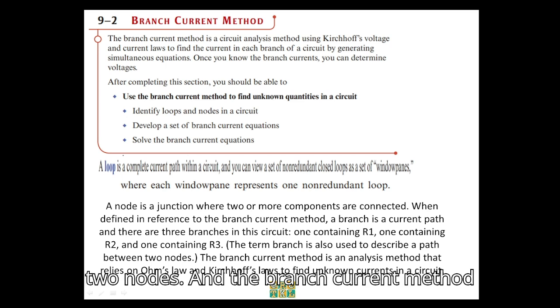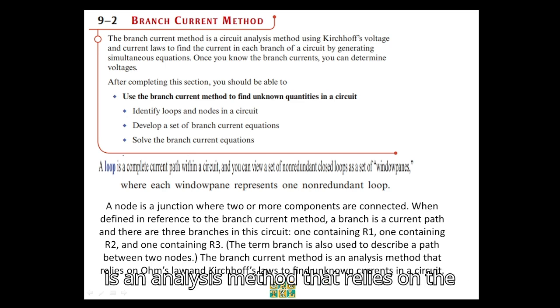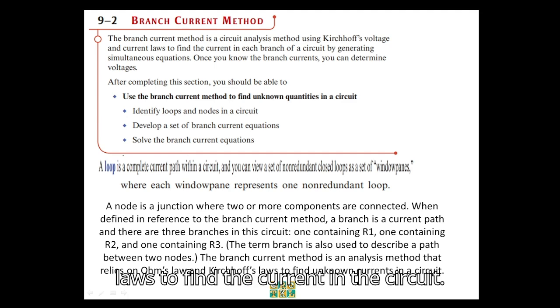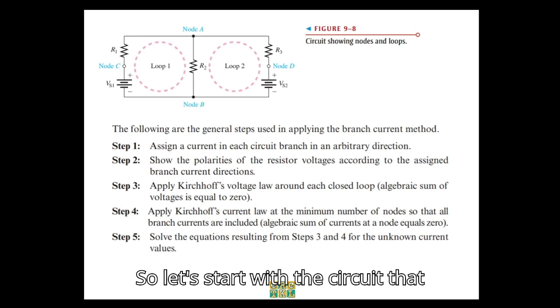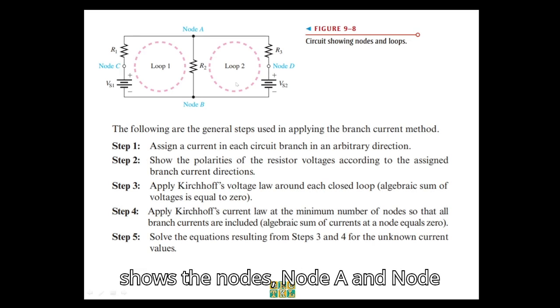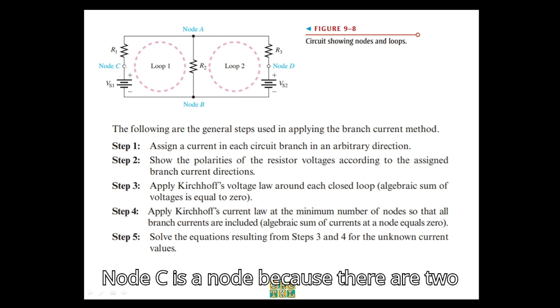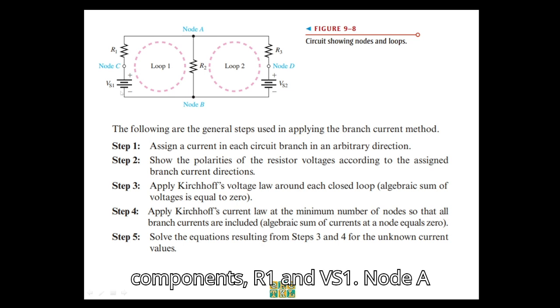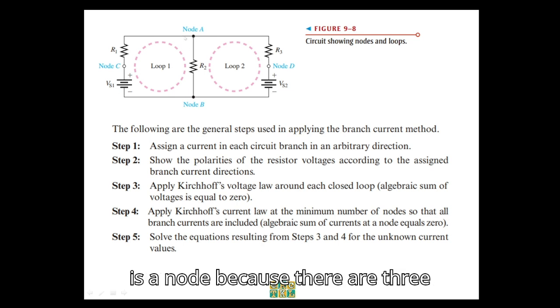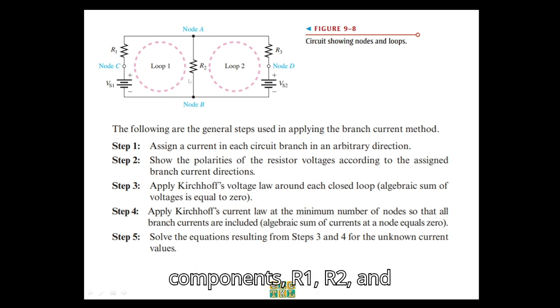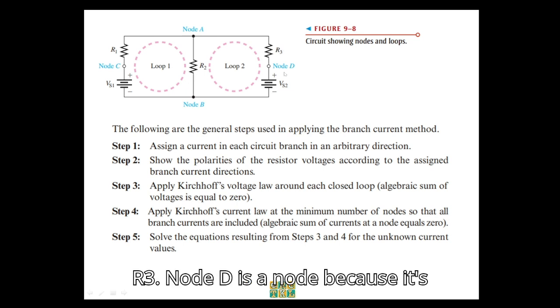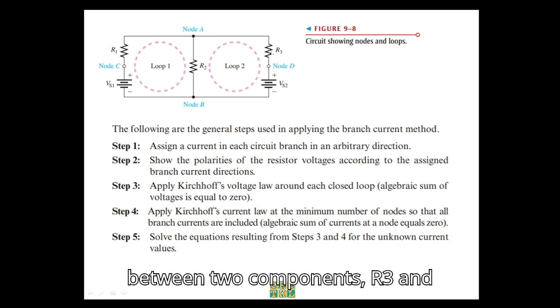The branch current method is an analysis method that relies on Ohm's law and Kirchhoff's laws to find the current in the circuit. So let's start with this circuit that shows the nodes: node A, node B, node C, and node D. Node C is a node because there are two components, R1 and VS1. Node A is a node because there are three components, R1, R2, and R3. Node D is a node because it's between two components, R3 and VS2.